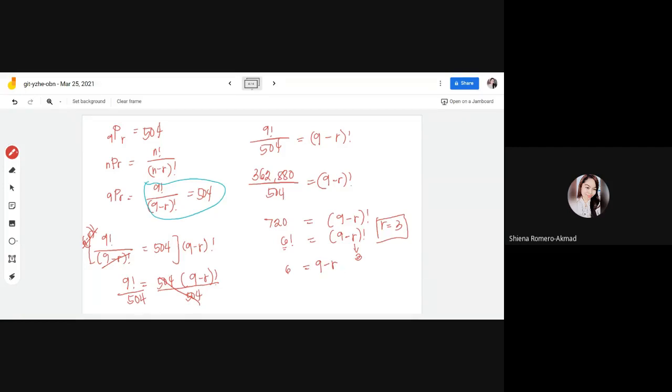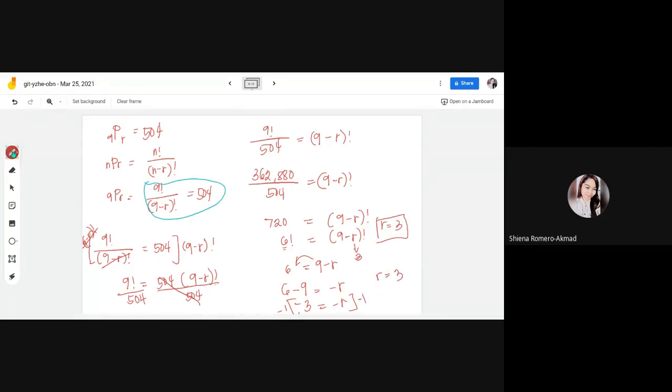Then, we transpose. So that's 6 minus 9 equals negative R. This is negative 3. This is negative R. Multiply by negative 1. R is equal to 3.